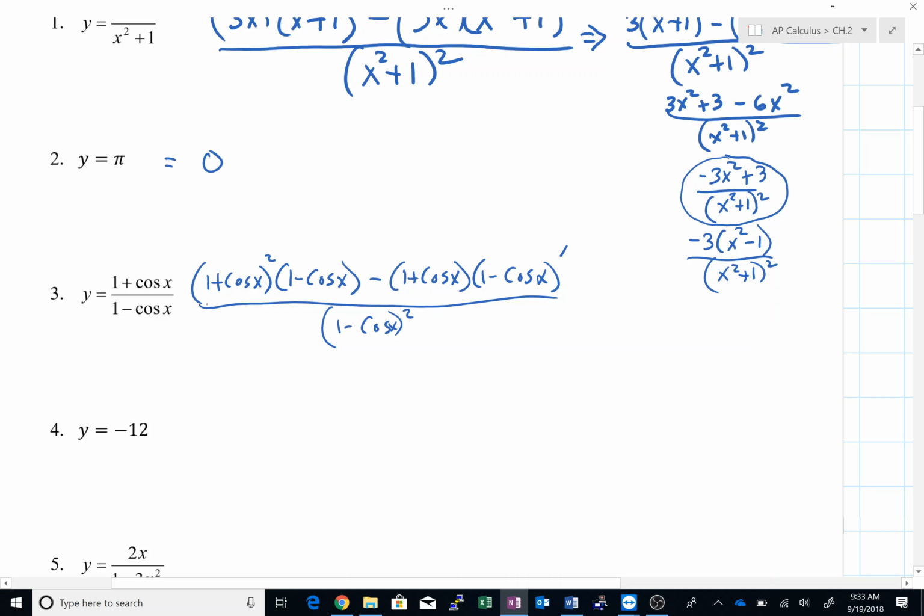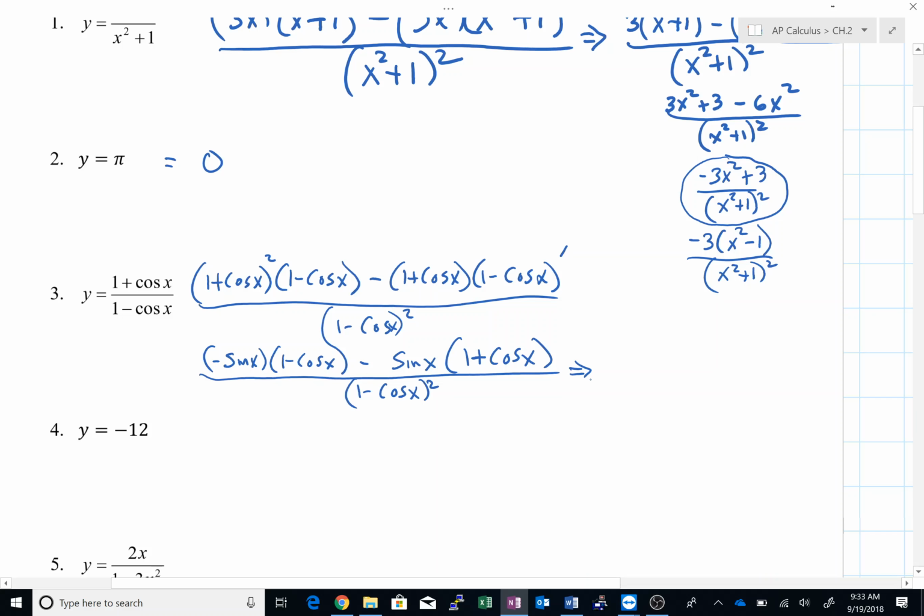All right, the derivative of 1 plus cosine is going to be negative sine. And the derivative of 1 minus cosine is going to be negative sine, so that's going to be a positive sine. So I'm just going to pull it out front. All over 1 minus cosine of x squared.